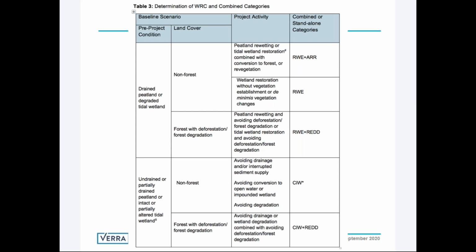And here you see on the left-hand side the pre-project condition, which can be drained, degraded, or undrained and undegraded. And you see that there is a distinction between land covers, like forest and non-forest. And then you have a column with project activities. And if you combine those, you see on the right-hand side in which category or combined category you find yourself.